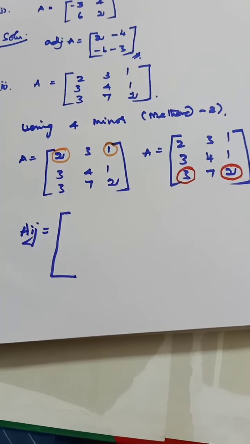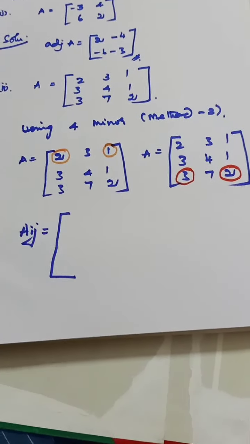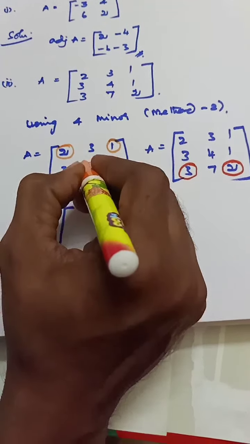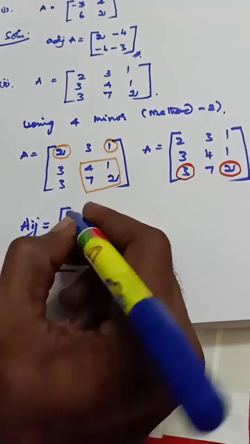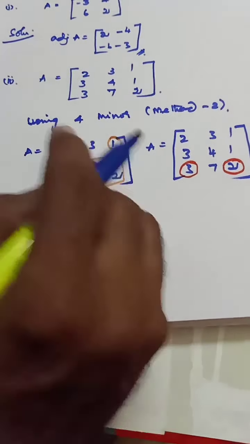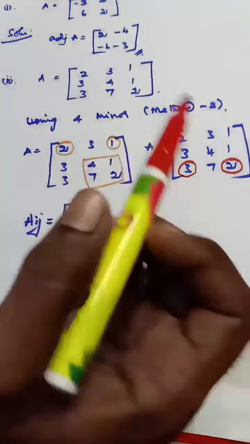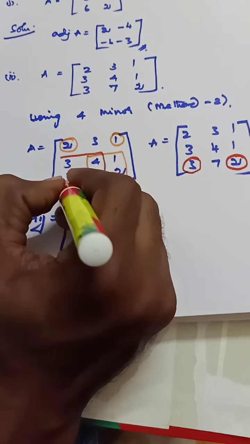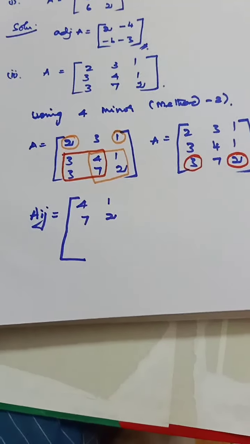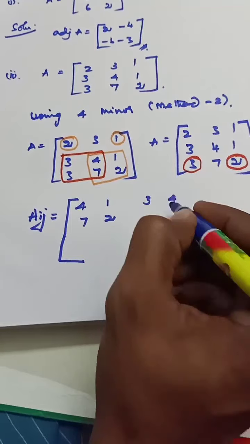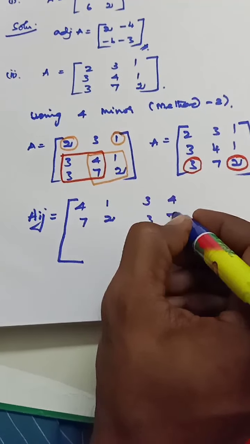So only that 4 minor we are going to follow. The first one is this, that is 4 1 7 2. The second one, the minor of this one, is 3 4 3 7.